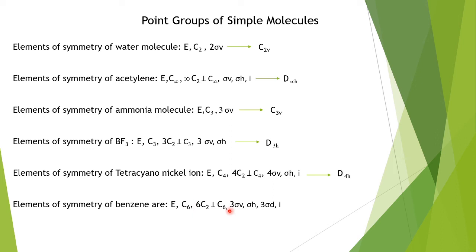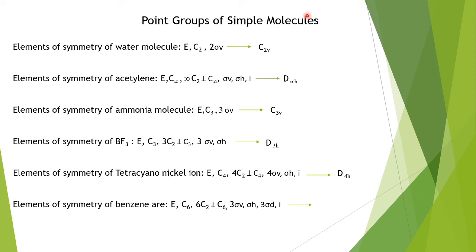So the point group is denoted by capital D, and it has a sixfold axis, so it should be D6. Here there is sigma H, so it is D6H. Okay, those are the point groups of simple molecules you need to study.